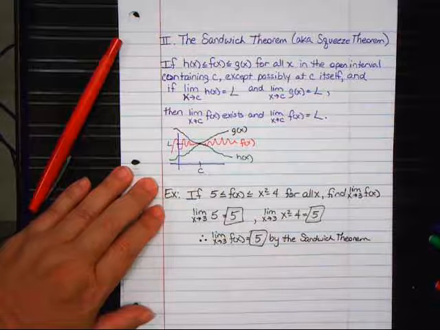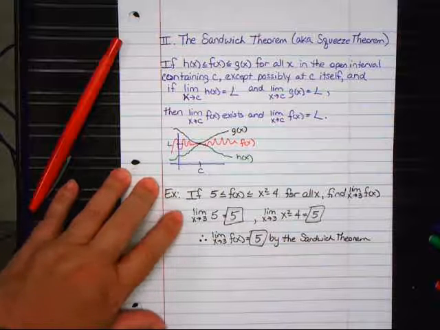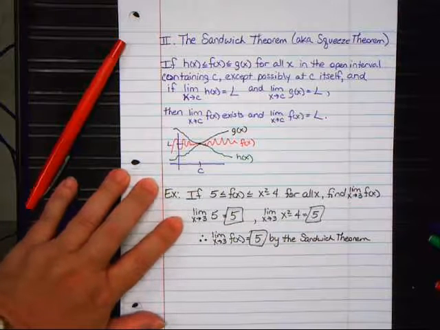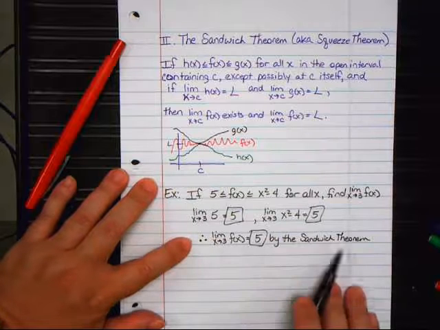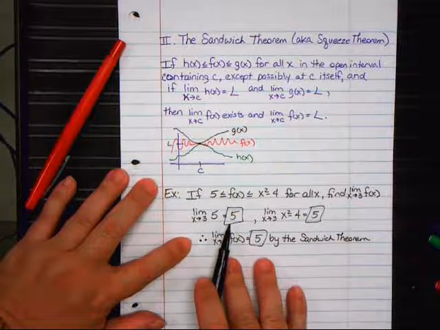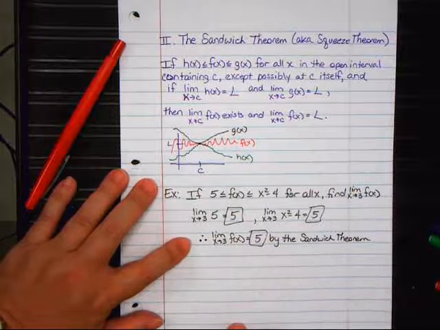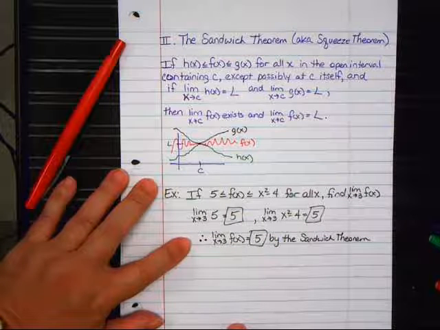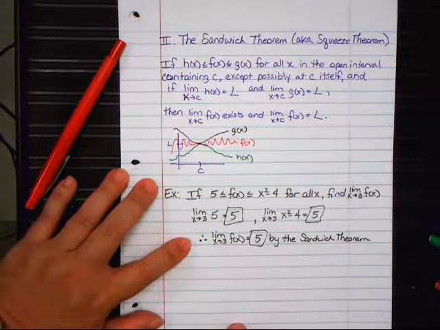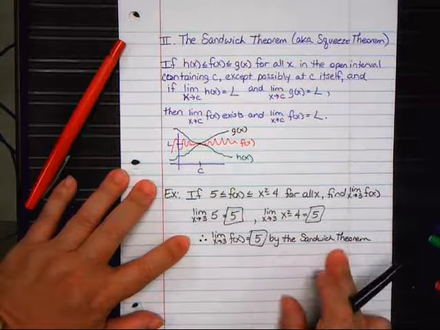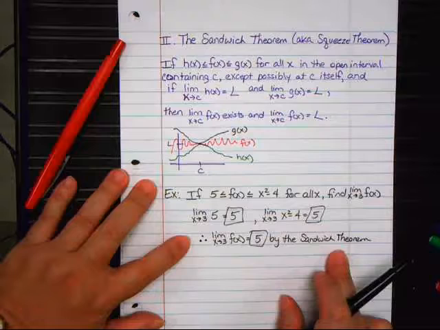Both of these lines have to be in your answer. You can't just say it's 5 by the sandwich theorem. You have to show that the bottom function's 5, the top function's 5, therefore it's going to be 5. Remember I told you in calculus you have to explain why a lot. And this is one of those. That's not that hard of an explanation of why, by the sandwich theorem.